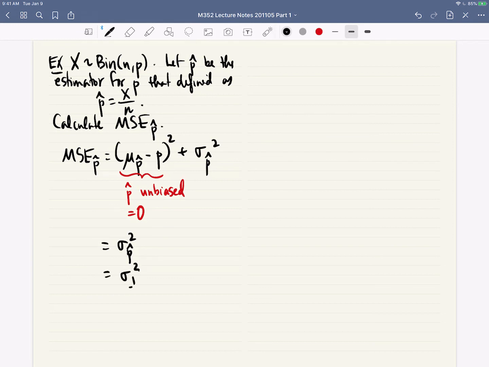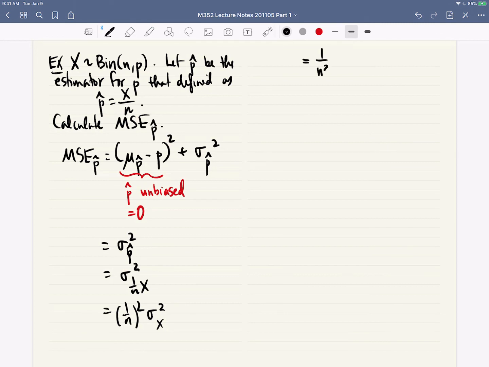Well, here's where we lean on our previous work on parameters for linear combinations of random variables. The variance of 1 over n times x is 1 over n squared times the variance of x. Now our x is a binomial random variable, so we've got a formula for its variance.